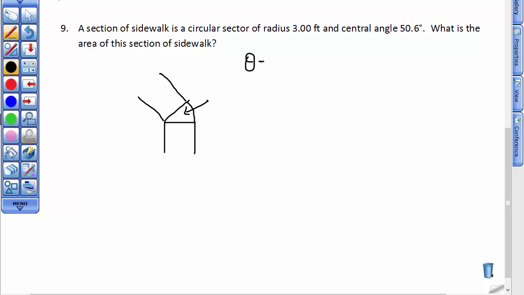So if I take the theta of 50.6 degrees and I multiply that by pi over 180 degrees, I get 0.883.